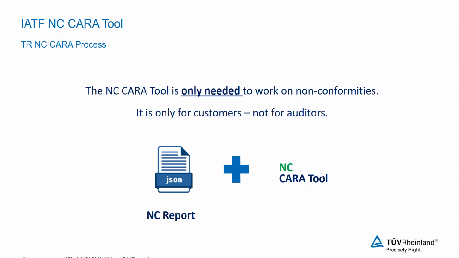And it is only needed to work on non-conformities. So only for customers, not for auditors. Auditors use their own CARA tool. So basically the JSON file, the NC report goes together with your NC CARA tool.